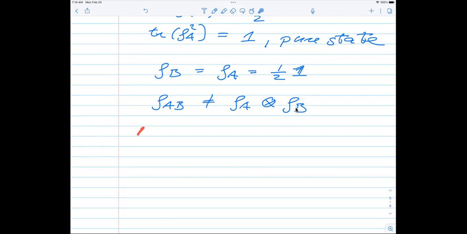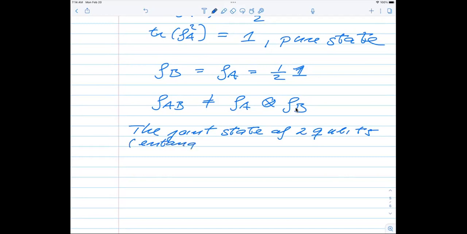So the joint state of two qubits, whether it's entangled or not, is normally known.